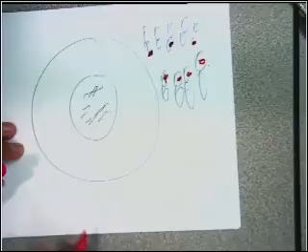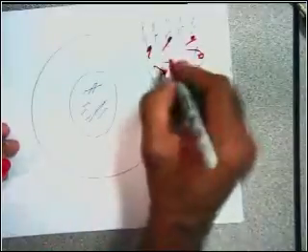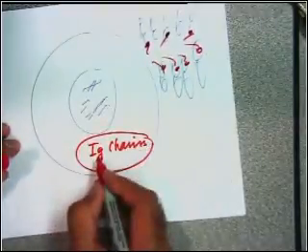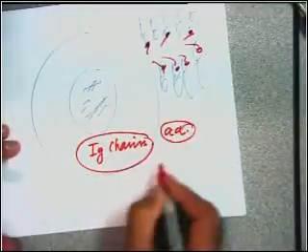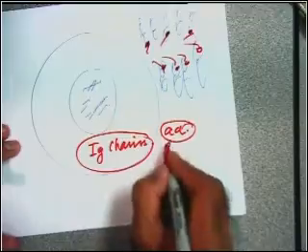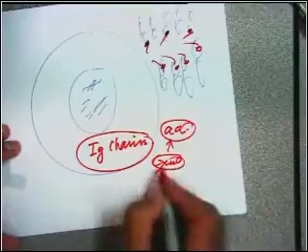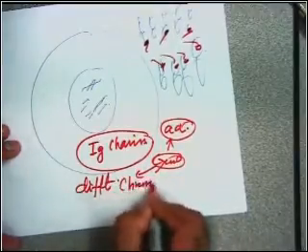These clusters code for IG chains, or immunoglobulin chains, made up of amino acids. The genes are not from one chromosome; they come from different chromosomes.